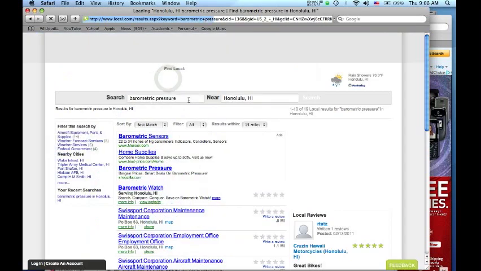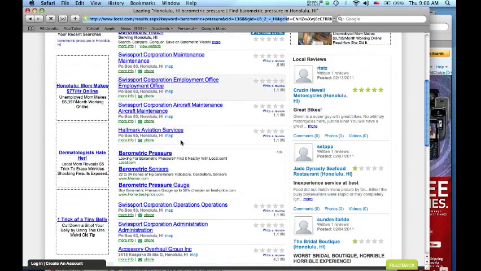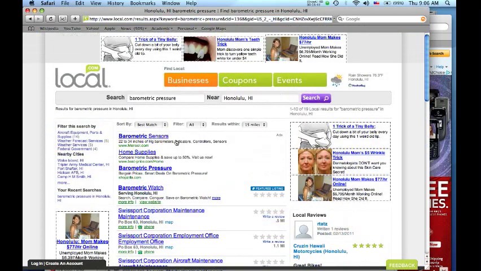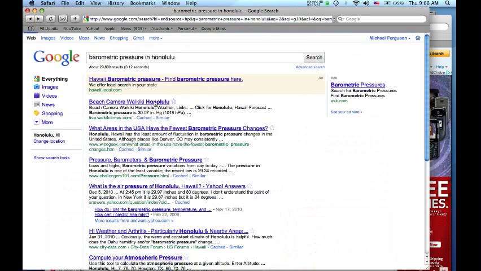You can find different websites that have it. Here we go, barometric pressure is 30.07 inches of mercury, and you can find conversions.